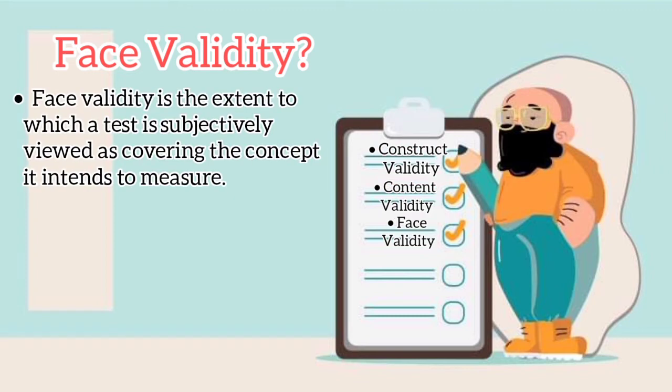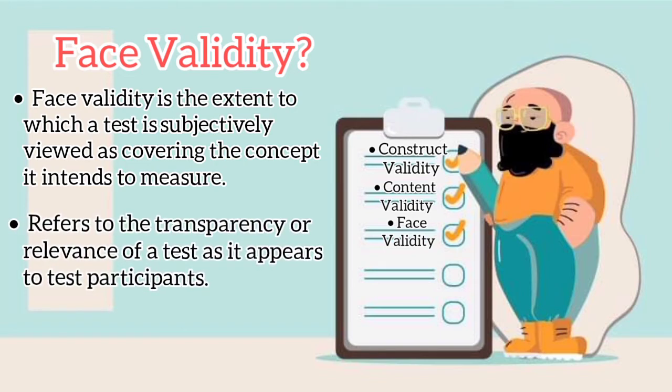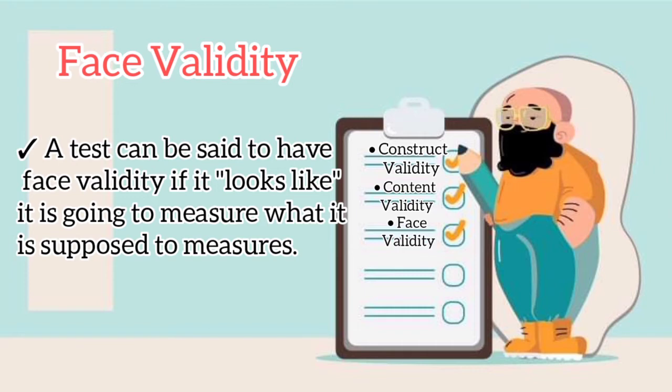Face validity is the extent to which a test is subjectively viewed as covering the concept it intends to measure. It refers to the transparency or relevance of a test as it appears to test participants. In other words, a test can be said to have face validity if it looks like it is going to measure what it is supposed to measure.